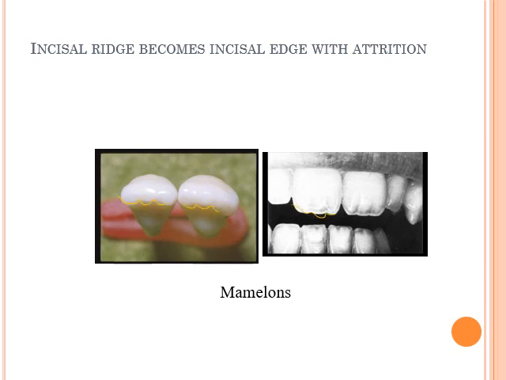Over time, or with attrition, these bumps usually wear down so that the incisal ridges become more edge-like. Attrition in dentistry is what we refer to as wear over time, and it usually occurs due to usage and is more present as individuals get older.